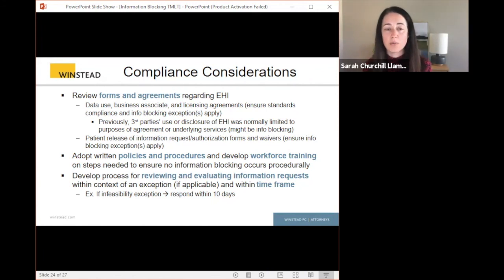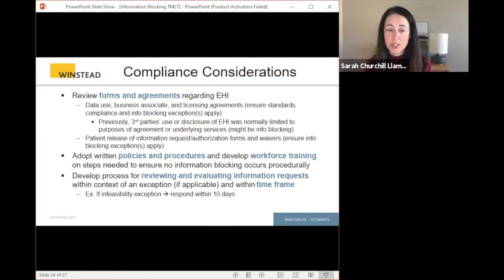So typically a third party's use or disclosure of EHI was normally limited to the purposes of the agreement or underlying services. So you just want to make sure that you and your vendors can still comply with the data blocking rule, even with the existing contracts that you have.